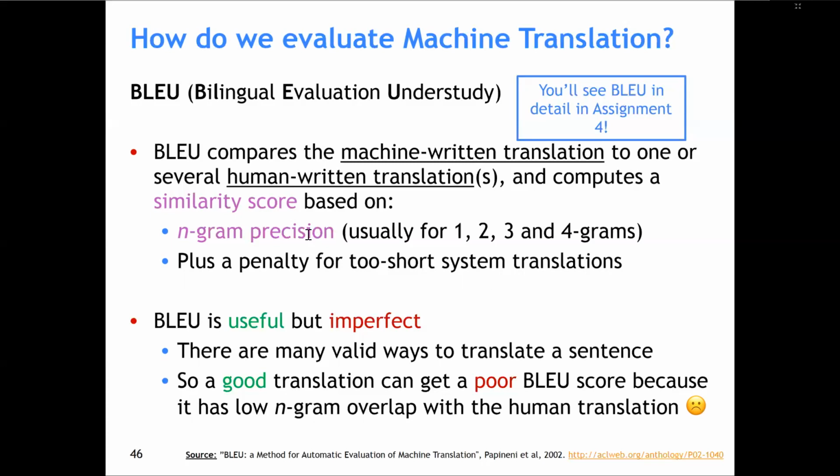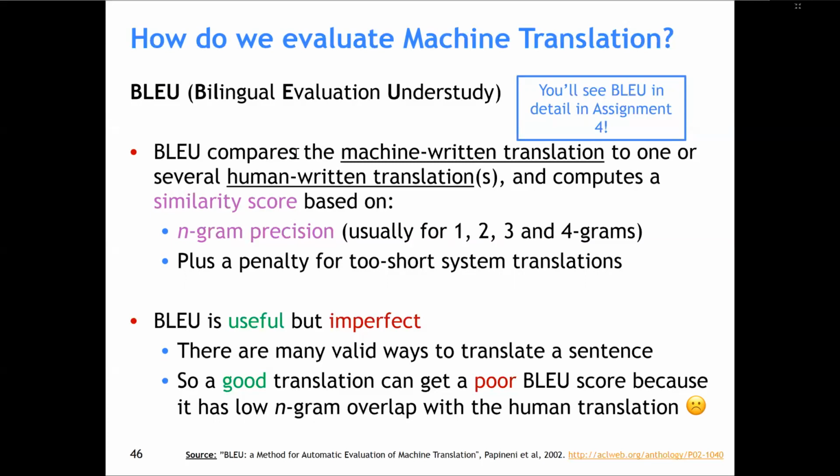Basically, it's just trying to evaluate how precise it is for your 1 gram, 2 grams, 3 grams, or 4 grams. Right? So the 1 gram is just each word becoming its own gram, and then you match it with the ground truth, right? So whether this word shows up in the ground truth, if yes, then it's accurate, right? And then you can compare it at 2 grams.